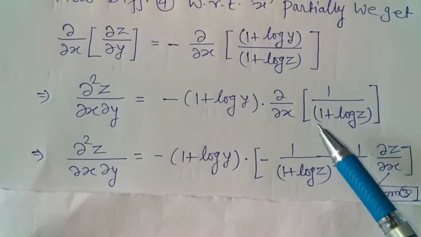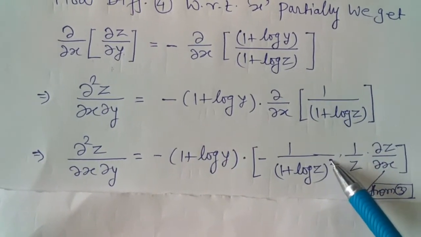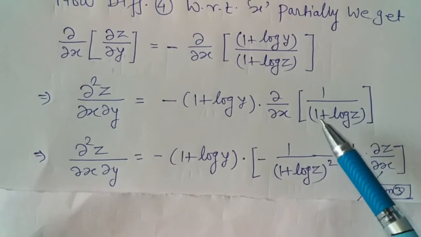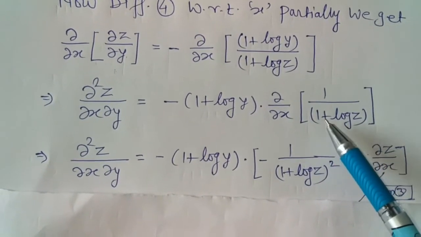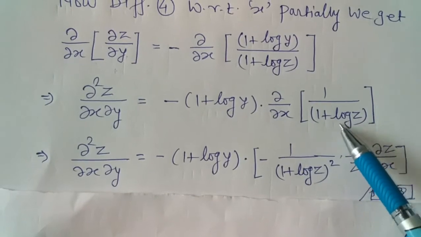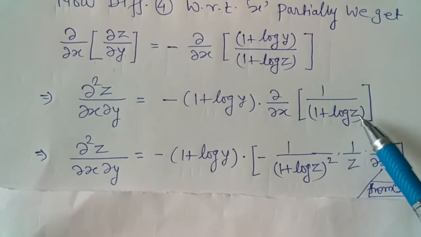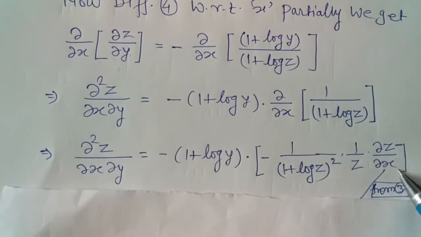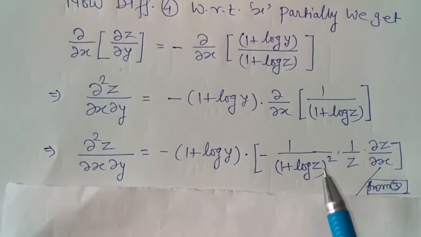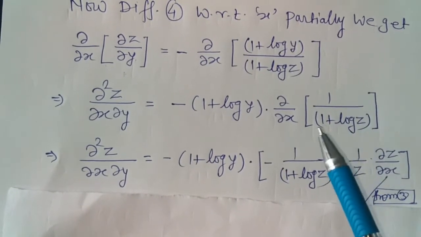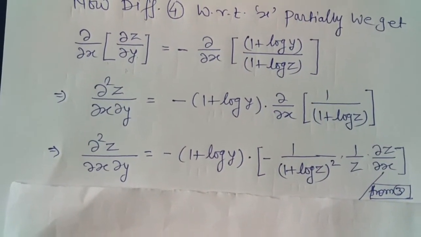So differential of 1 plus log z is minus 1 upon 1 plus log z whole square, multiplied by derivative of 1 plus log z. So the derivative of 1 is 0, and the partial derivative of log z is 1 upon z, and partial derivative of z is del z by del x. So now this is the partial differentiation of 1 upon 1 plus log z with respect to x.